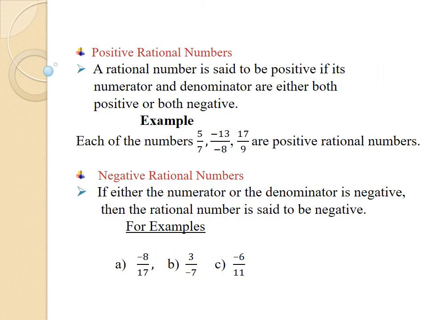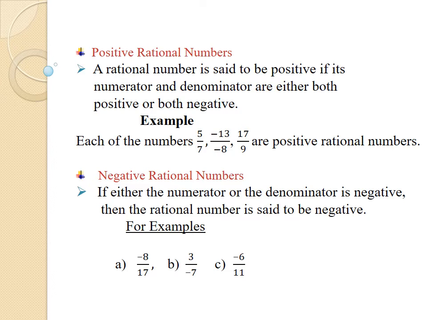Positive rational numbers. A rational number is said to be positive if its numerator and denominator are either both positive or both negative. For example, 5 upon 7 is a positive rational number because both numerator and denominator have a common sign, that is positive.